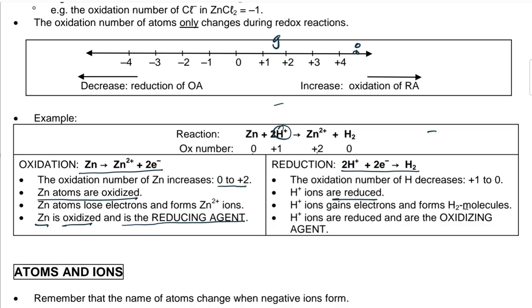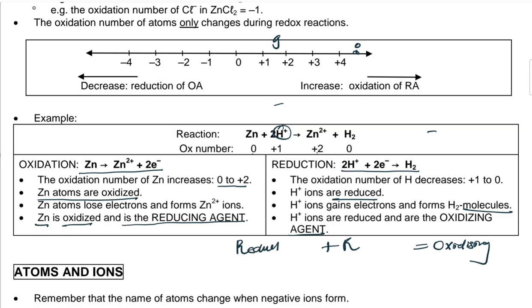So the hydrogen ions are reduced, and we call them what? They are the oxidizing agent. To remember the oxidizing agent, we said R, the first R, the second R, so it will be O. R plus R is O, which is the oxidizing agent.